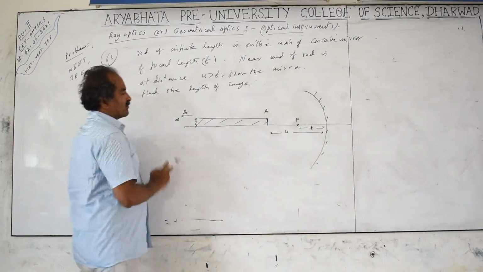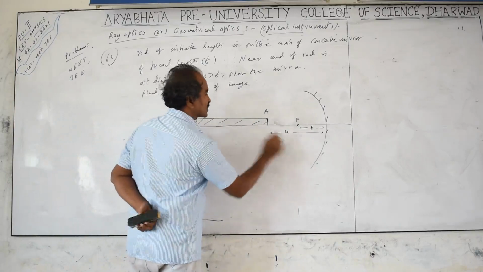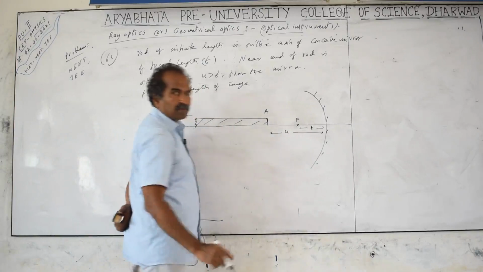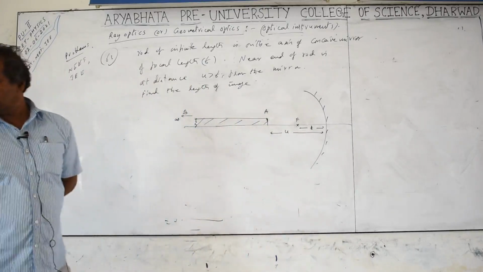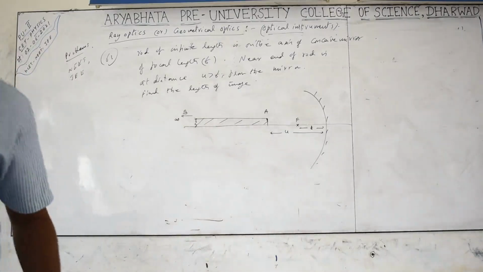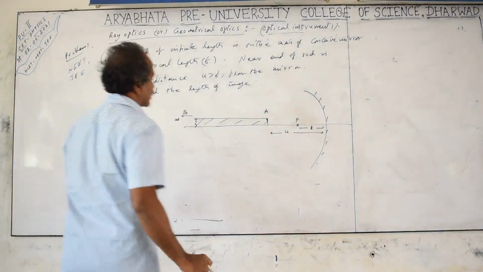When the light rays are coming from infinity, they must pass through the focus. Means object at infinity forms the image at focus. And at A, you have to calculate the image distance. 1 by f is equal to 1 by u plus 1 by v. Where is the image formed?